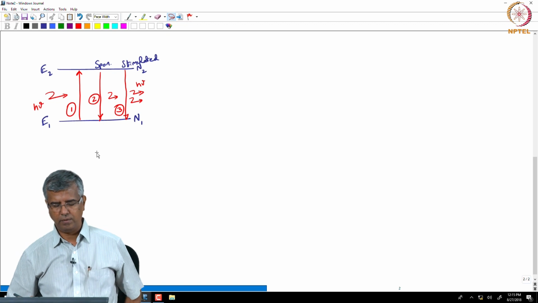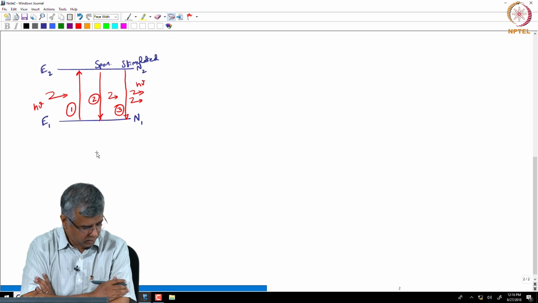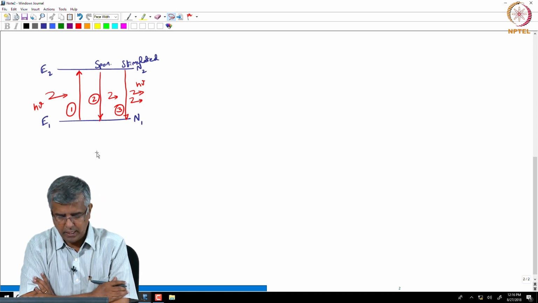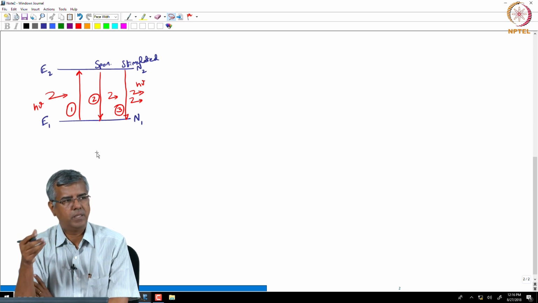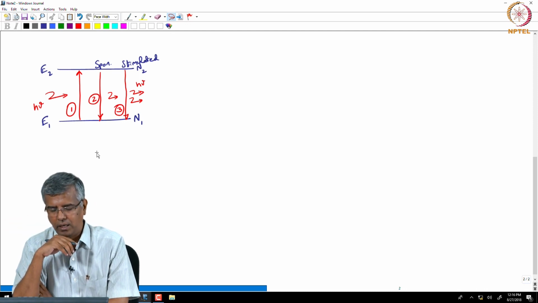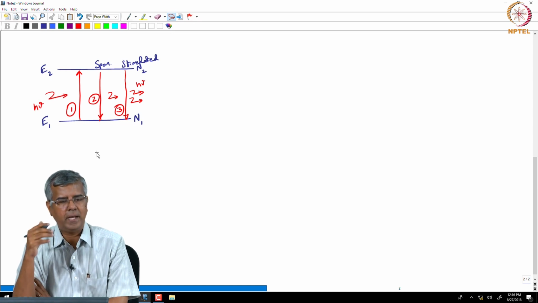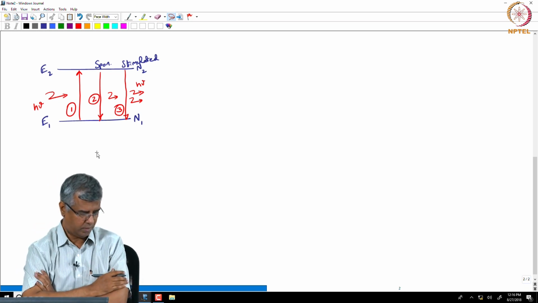So, I have this atomic system, and at this point it also helps to understand what blackbody radiation is all about. As you know, blackbody radiation is something that happens when you heat up a material to high temperatures. And to explain what happens to the material at high temperatures, let us just look at this picture.